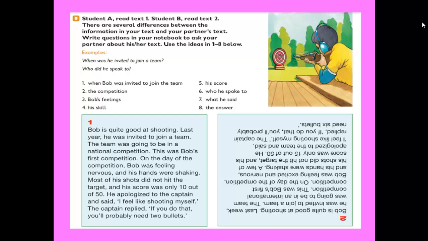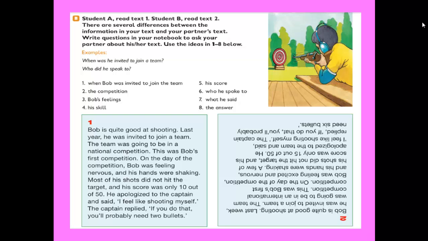Now let's move to the second text and read it, and then we can compare between the first and the second text. Number 2. Bob is quite good at shooting. Last week, he was invited to join a team. The team was going to be in an international competition. This was Bob's first competition.